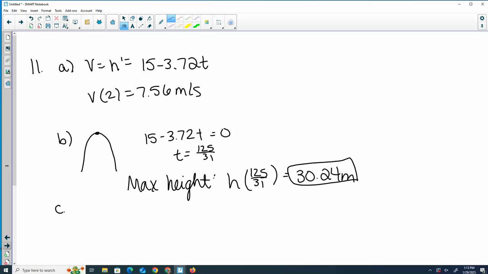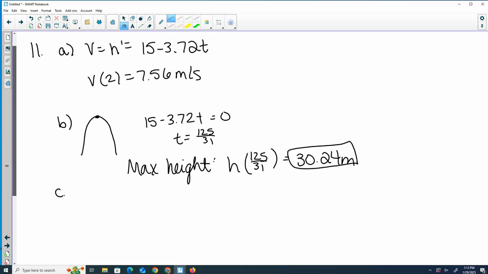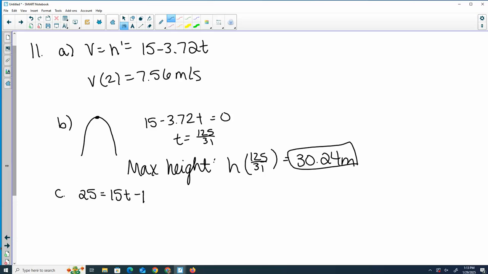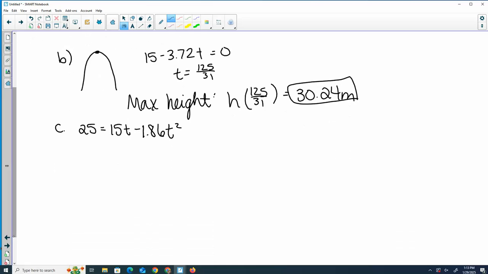Part C. What is the velocity of the rock when the height is 25 meters on its way up and on its way down? So I want velocity, but the thing I know is my height. So we have to set our height function, the original, equal to 25. So we can get the times. Now, obviously, these numbers are not pretty, so on the test, I would have to give you better numbers. Quadratic formula.